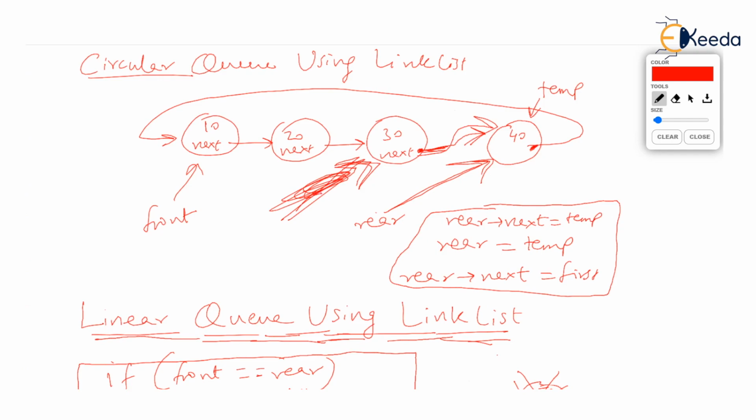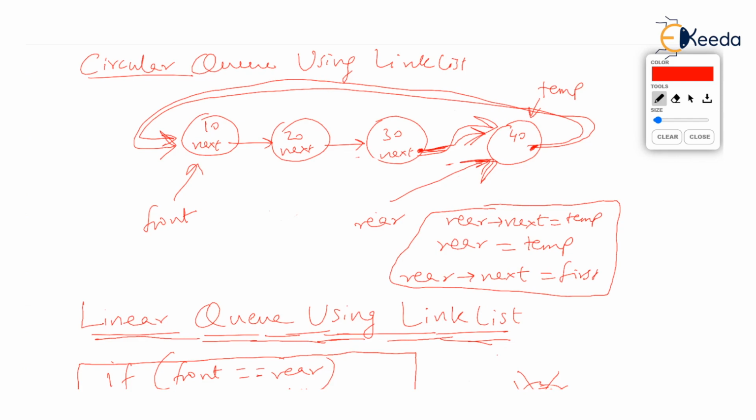Finally, ask the last node's next, that is rear arrow next, to point back to first. That's insertion, isn't it? We saw this in detail in the video labeled circular linked list, where I explained a C program to create a circular queue.